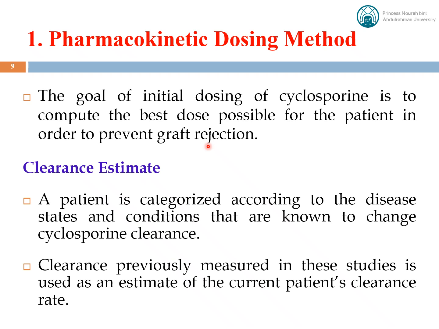Now, it will be based on the estimation of the clearance. The patient is categorized according to the disease state and the conditions that are known to change the cyclosporin clearance. Just remember that it is more than 99% hepatically eliminated or metabolized.